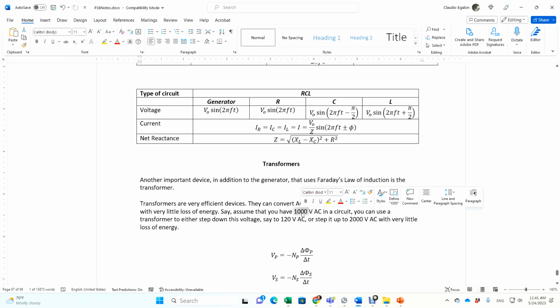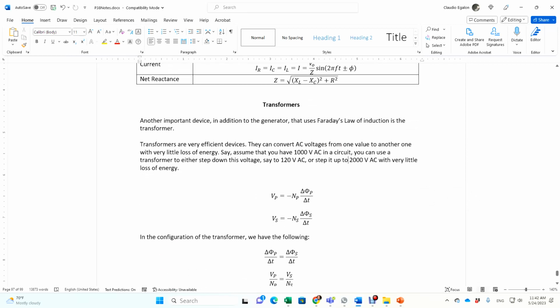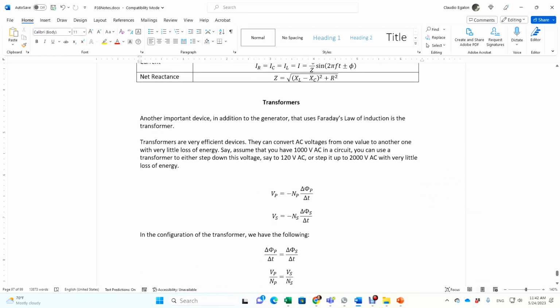And now you want to bring this voltage from 1000 volts to 120. We call that stepping down the voltage. However, when we increase the voltage to 2000, we can step up the voltage. It's possible to do that with a transformer. And let's see how it works. Just consider two solenoids of exactly the same diameter. And it's possible to create a device like that.